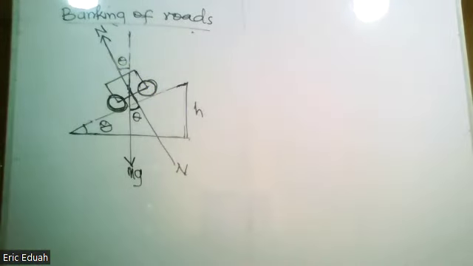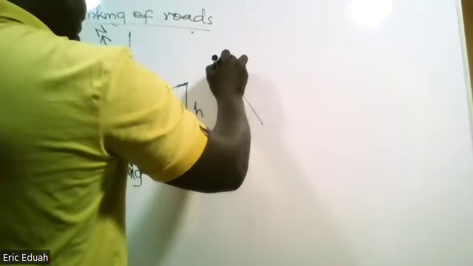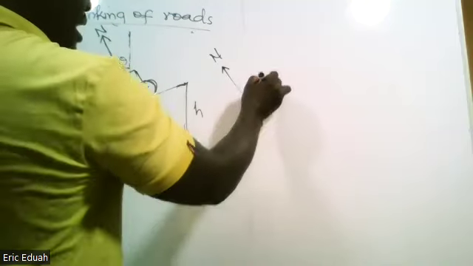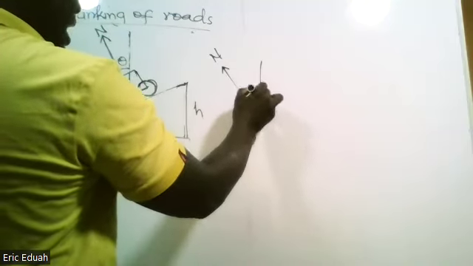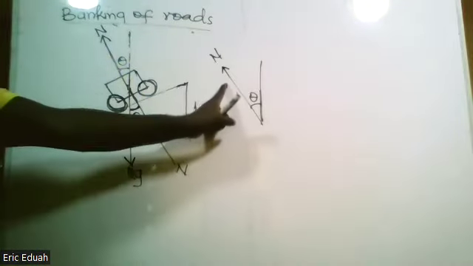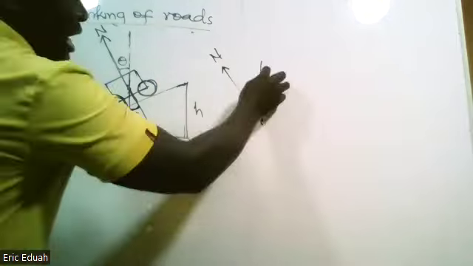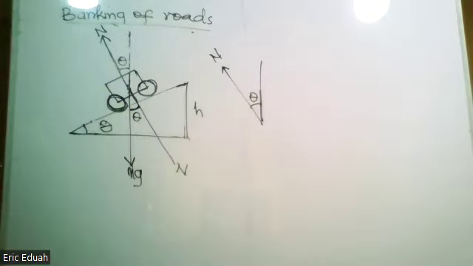And so let's resolve. This is what we have. The normal reaction N acting at an angle theta. So let's resolve the normal reaction to obtain the horizontal and then the vertical component of it.